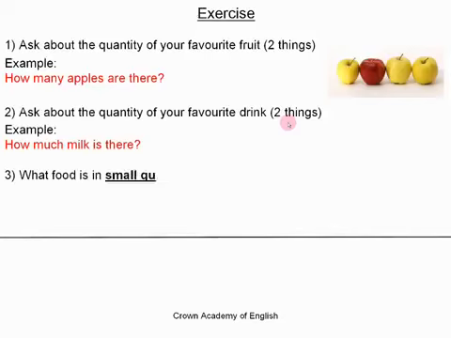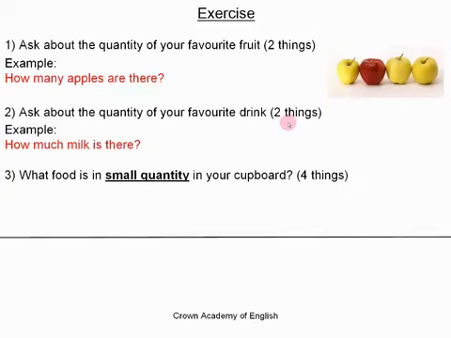And question 3, I would like you to tell me what food is in small quantity in your cupboard. And I would like you to give me 4 things. So in your home, I would like you to open your cupboard and to describe a food which is only in small quantity.